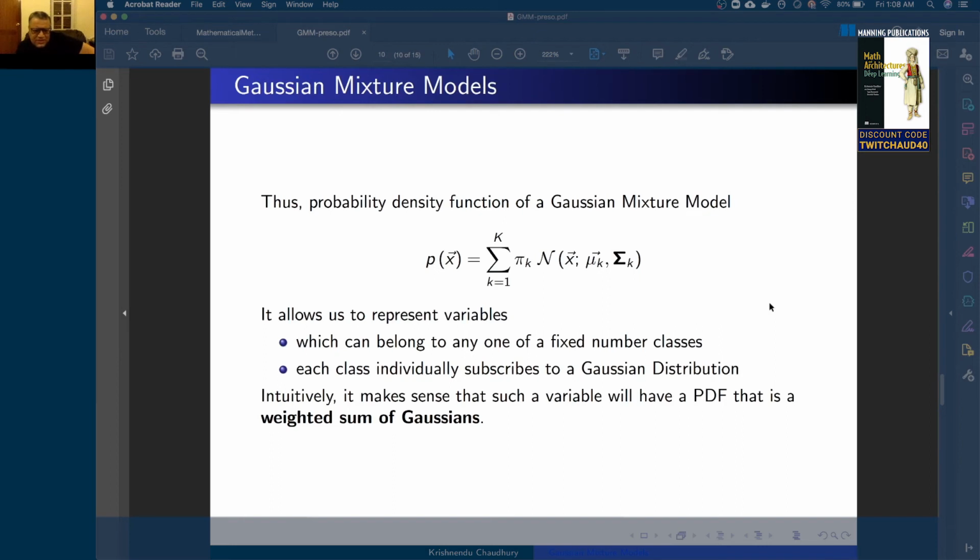It does make intuitive sense, doesn't it? We have multiple Gaussians and we are basically selecting any one of them, and then our probability will be guided by that particular Gaussian. So that it's a weighted sum of Gaussians does make intuitive sense.